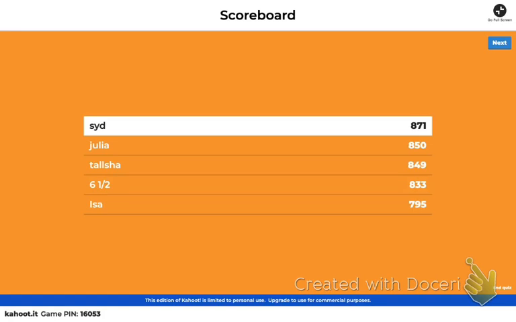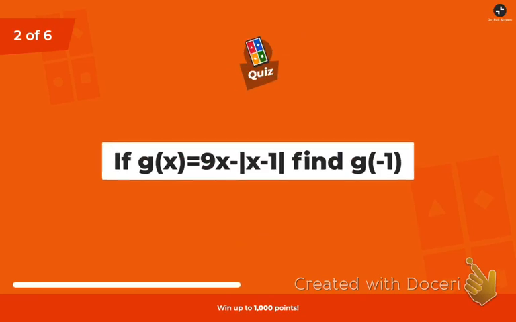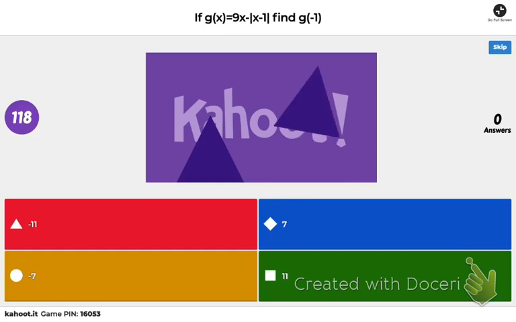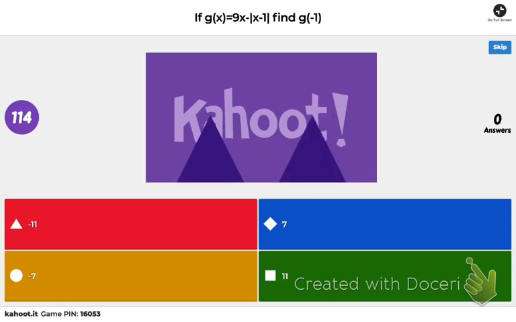Question 2. This one has an absolute value in it. That's what those 2 vertical bars are. g of x equals 9x minus the absolute value of x minus 1. Find g of negative 1.